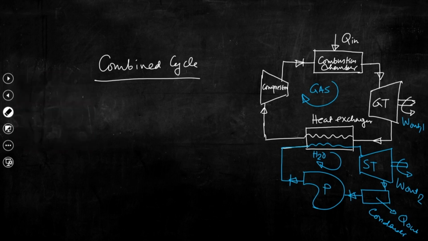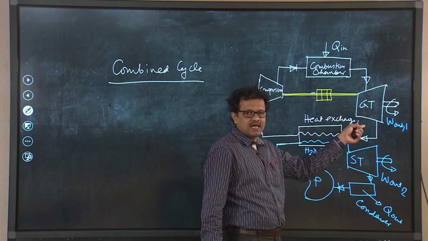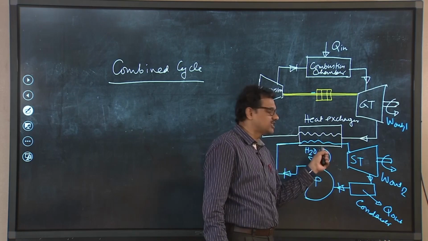So, that means if we draw here, right, this is the common shaft. The idea is to use two different cycles, with two cyclic power plants coupled in series to produce net work output, right. The idea is to utilize the heat, as I said, to run this bottoming cycle, that is the H2O cycle.